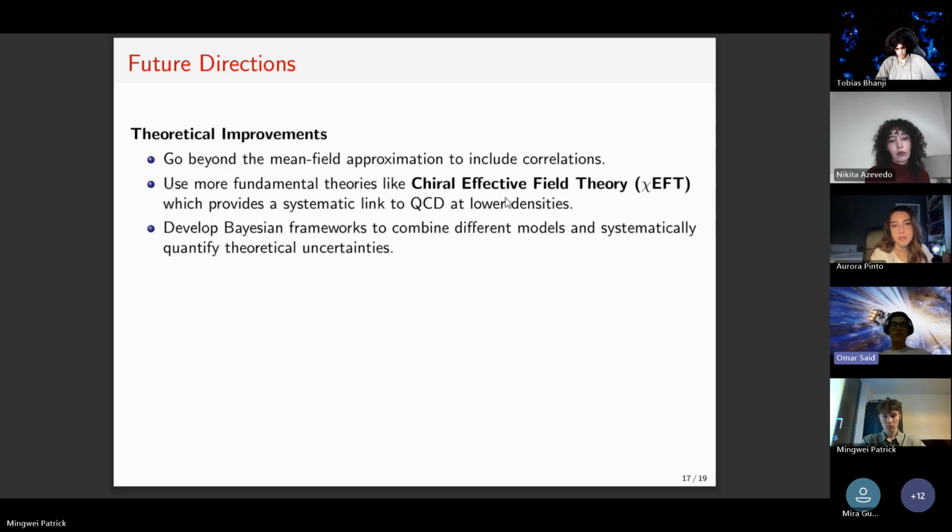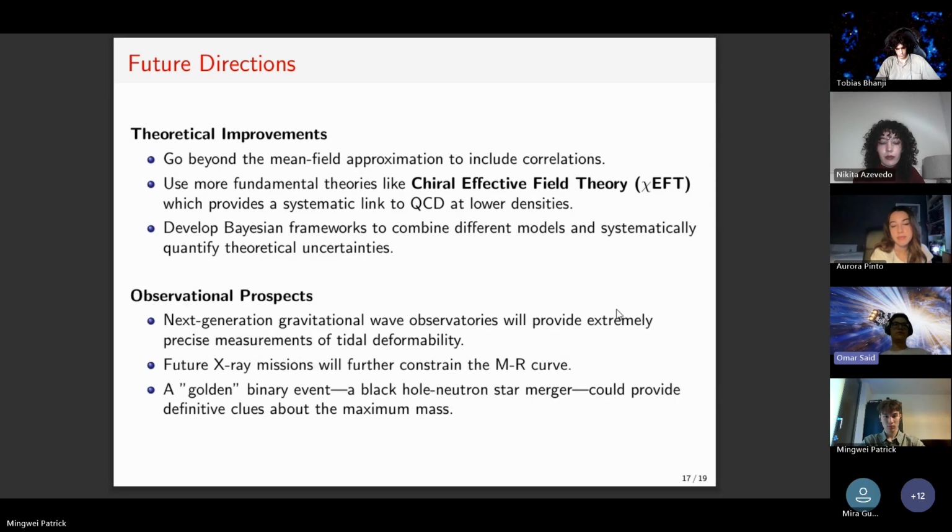And also we can do some observational prospects, like getting more gravitational wave observatories that will provide extremely precise measurements of tidal deformability, or future X-ray missions that will further constrain the MR curve, maybe getting the bounds higher or lower, who knows. And now for the conclusion, I will hand the mic to Mingwei again.